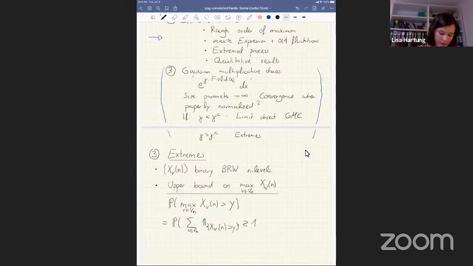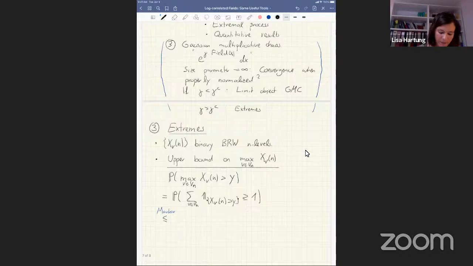And now I can simply use Markov's inequality and say this is bounded by the expected value of the sum over v in V_n of the indicator function that X_v(n) is larger than y. But this expectation I can explicitly compute, right? Because I have this sum, I can pull it out, and then I have the expected value of this object.